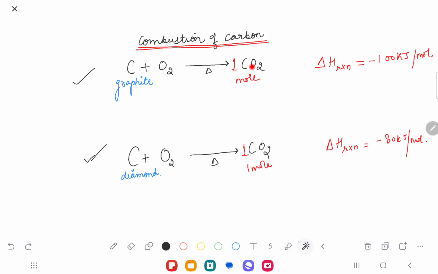The CO2 has to be formed, 1 mole, from the most stable, abundant element. And the most stable, abundant form of the reactant would be carbon in the form of graphite. Are you understanding?